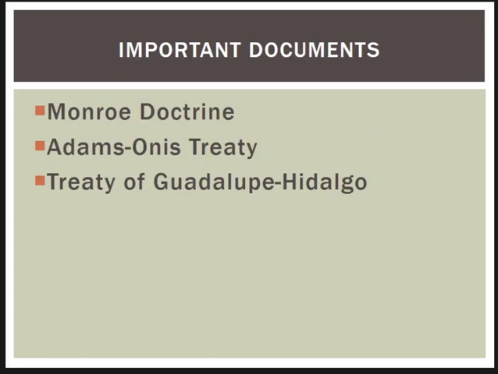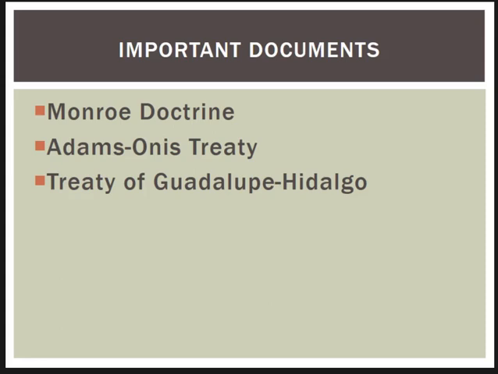Important documents, not many of them. The Monroe Doctrine of 1823 is the second thing that I would really want to emphasize that you take out of this process. Again, if you don't understand the other things, understand Washington's farewell address, understand the Monroe Doctrine.